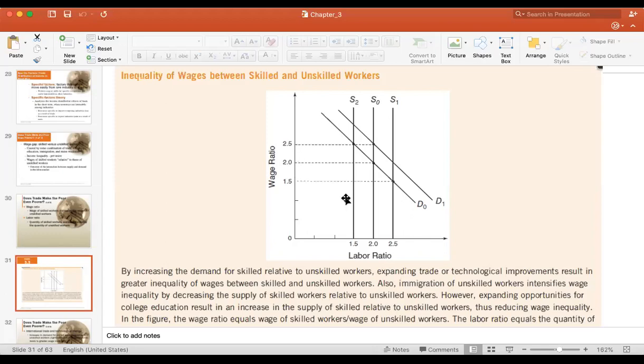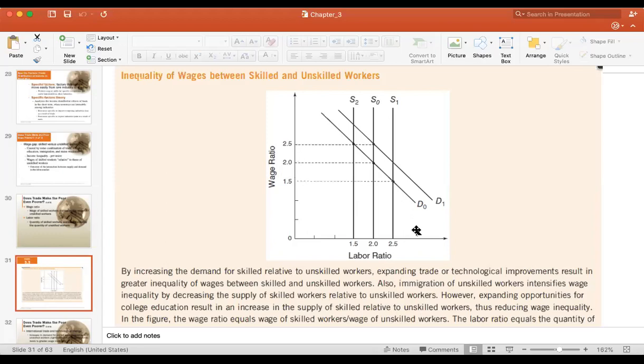Now let's say that there is an increase in trade in the US, and that the US happens to be skilled-labor abundant. So when the US trades, what do you think is going to happen to the demand for skilled over unskilled?